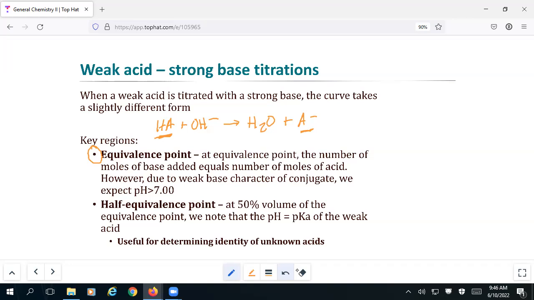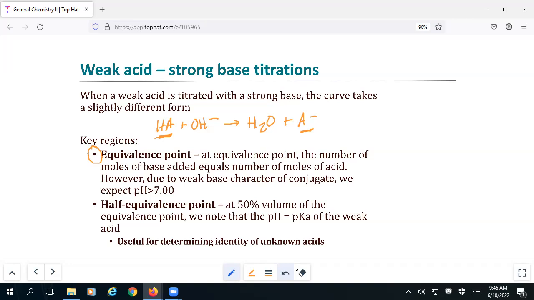One other important implication from this, though. Since we are creating a buffer, at the halfway point, halfway between the equivalence point and zero, that's going to be our half equivalence point.